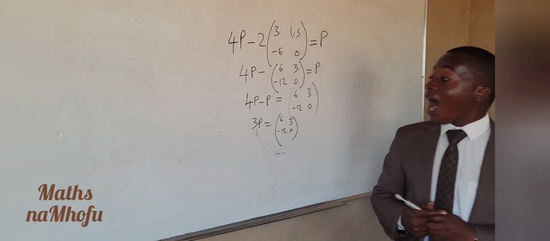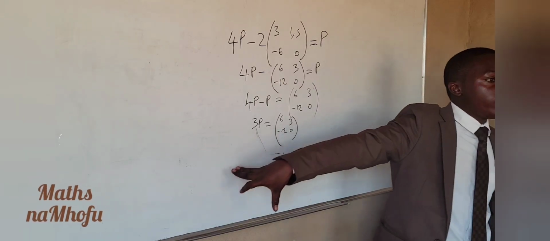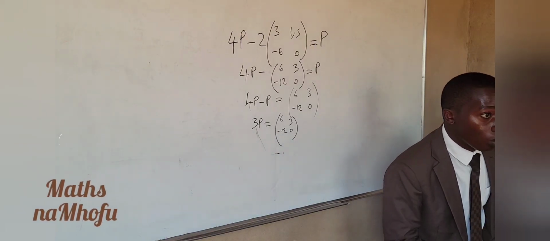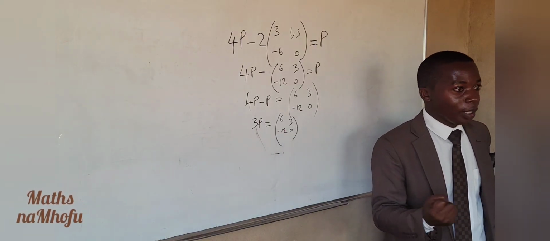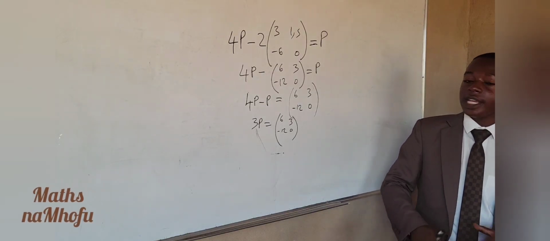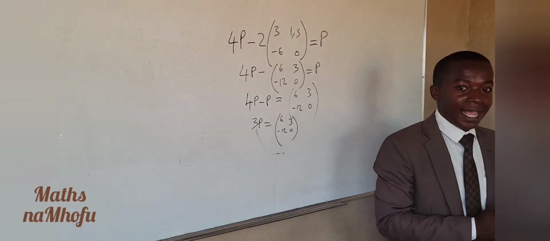And remember, for us to get the actual value of p, as we are asked to find, what are we going to do? We want to remain with the p only. Yes, we divide all by 3.